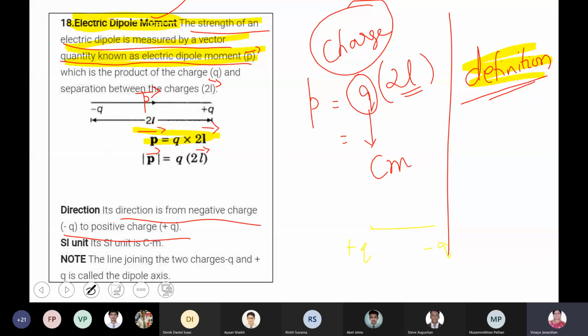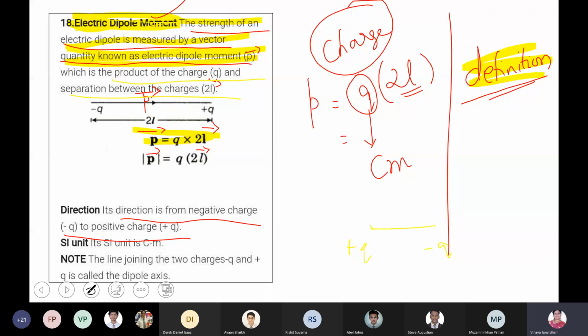Define electric dipole moment, state its SI unit. So how will you define? It is defined as the product of any one charge and the separation between the charges.